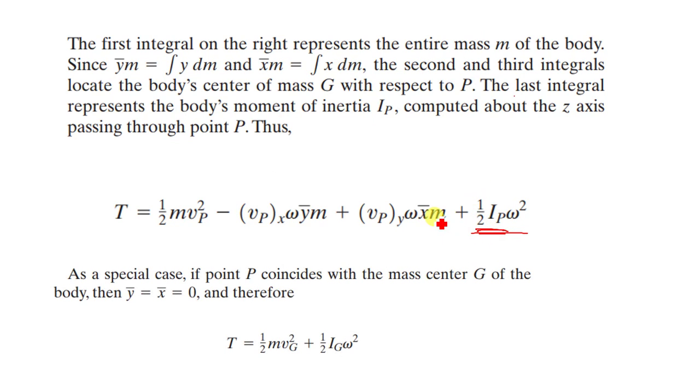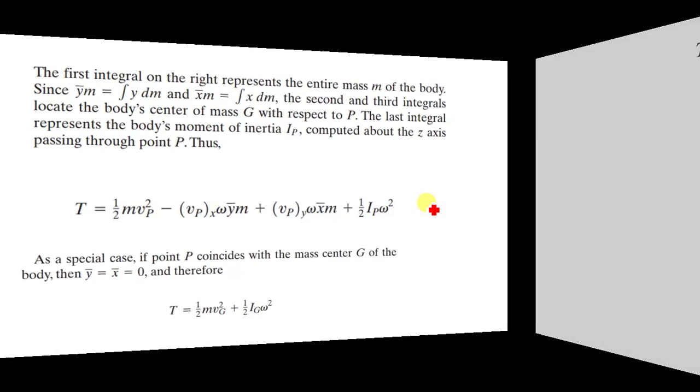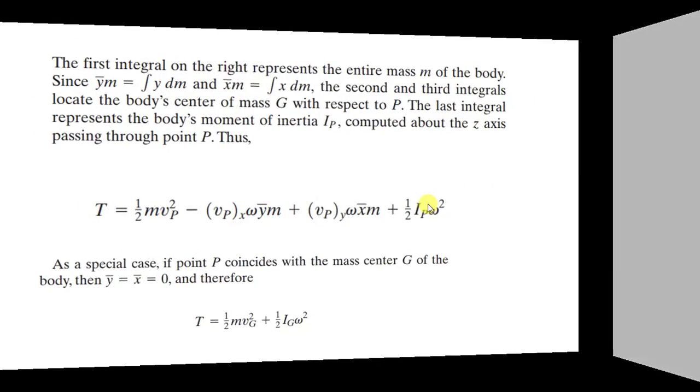As a special case, if the point P coincides with the mass center G of the body, then y bar and x bar are going to be equal to 0. This only occurs when the point P coincides with the mass center G. Let me explain a bit on this one.